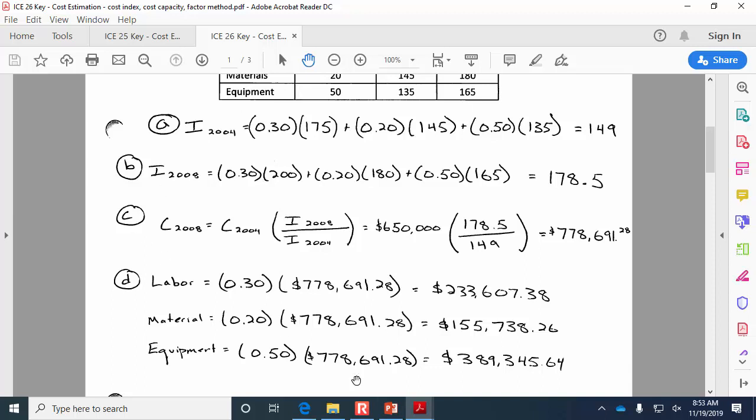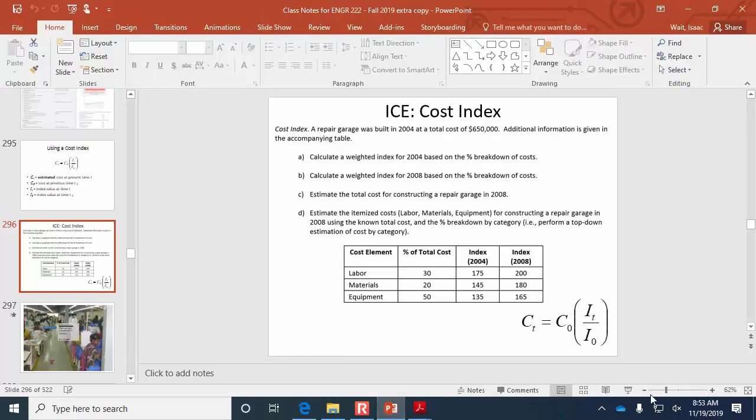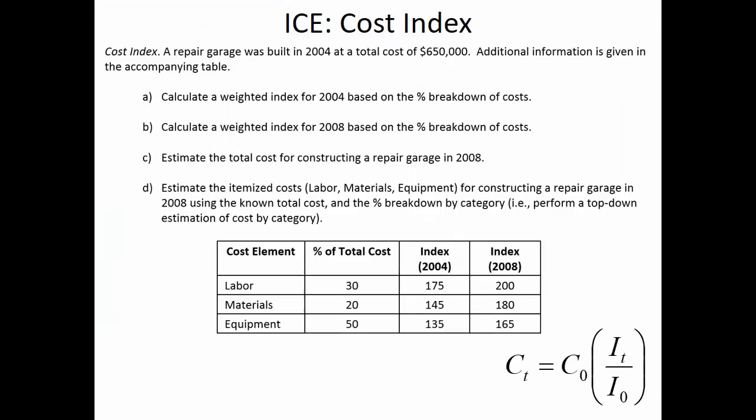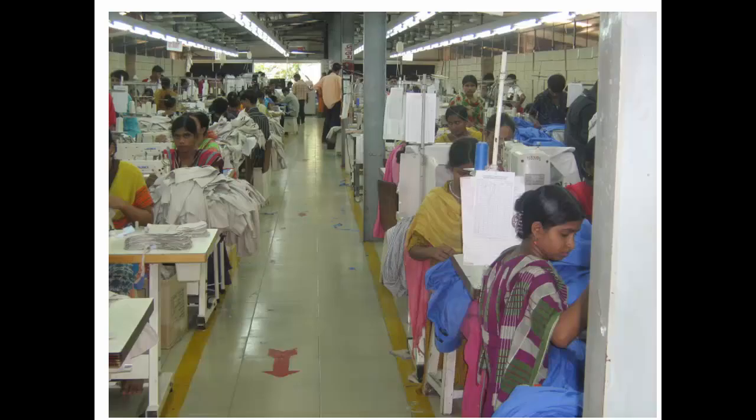All right, our third and final topic for today has to do with how quickly people learn things and how that affects the cost estimates. This is the picture of a garment factory, and sometimes these are colloquially known as a sweatshop. And what's kind of amazing, if you've ever seen video of somebody working in one of these places, is just how quickly they can sew a shirt or a pair of pants.